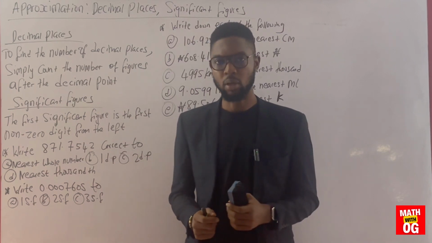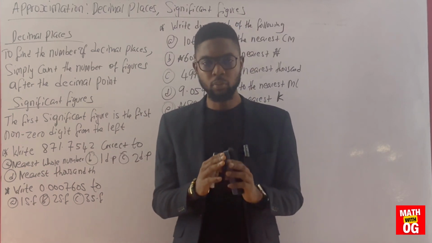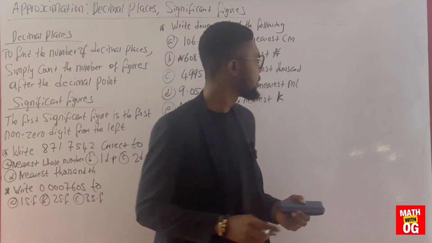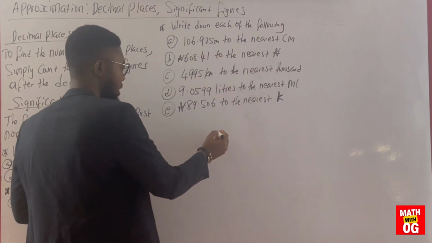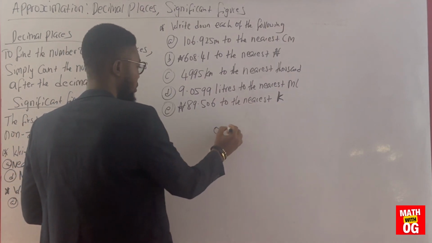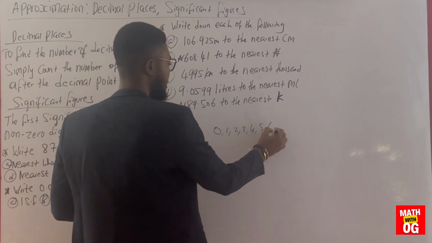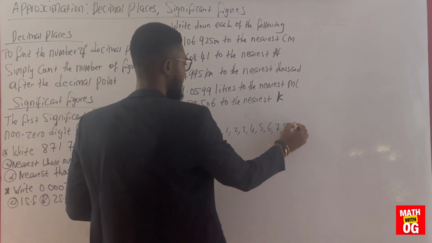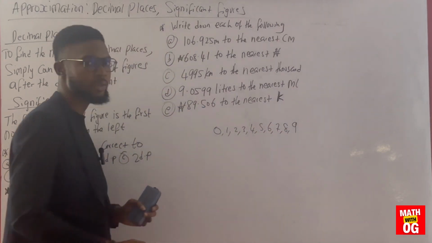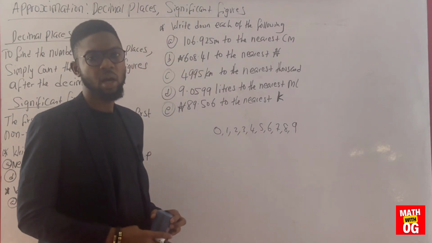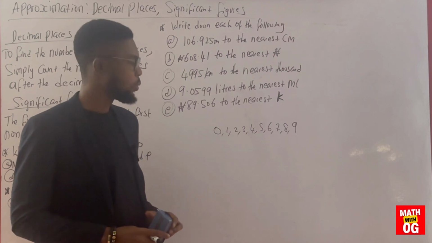to a particular number. So the basic thing you need to know under approximation firstly is that your digit numbers ranging from 0, 1, 2, 3, 4, 5, 6, 7, 8, and 9, when you are asked to approximate, half of it round off to 0 and half of it round off to 1.